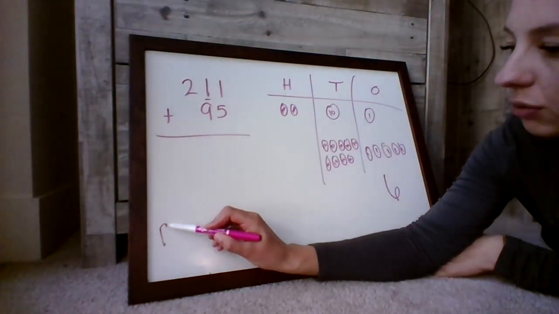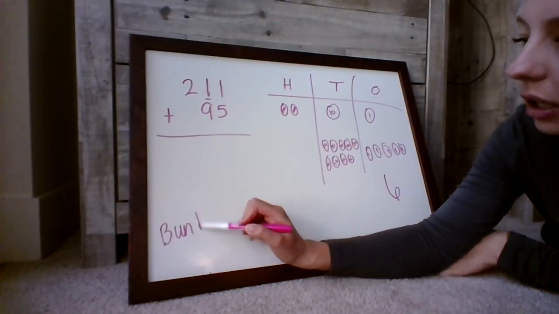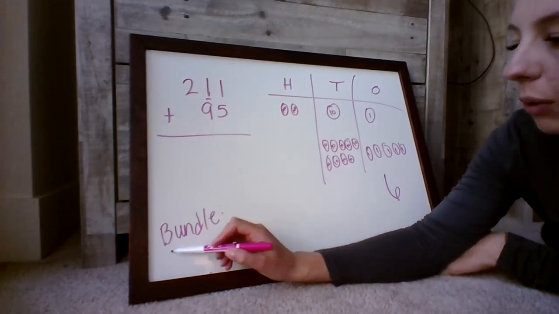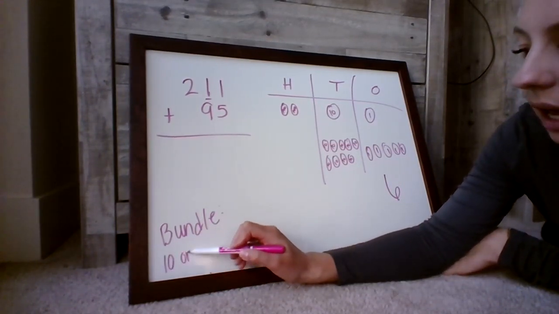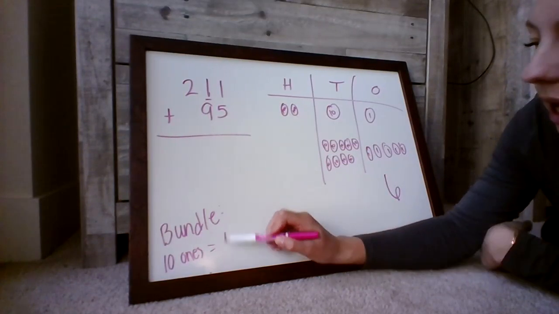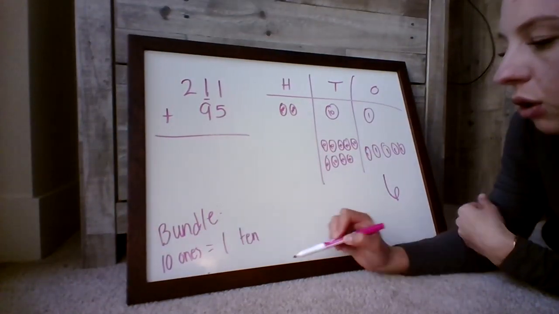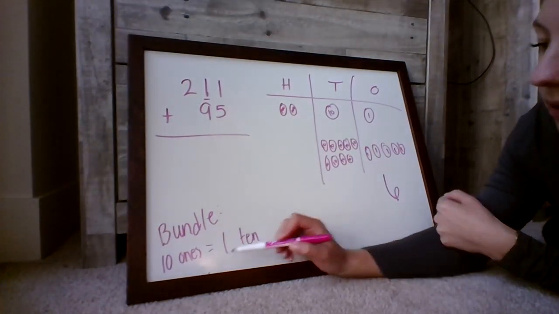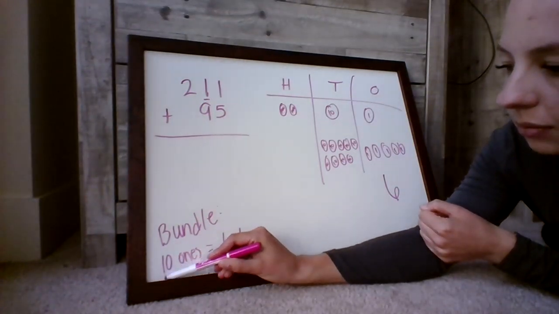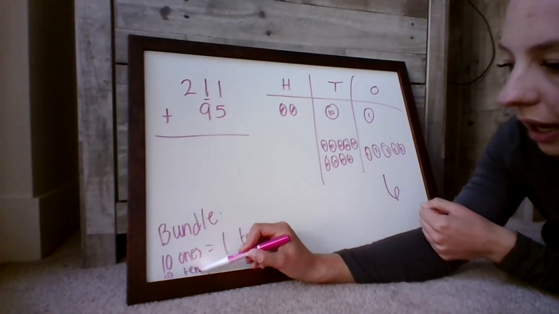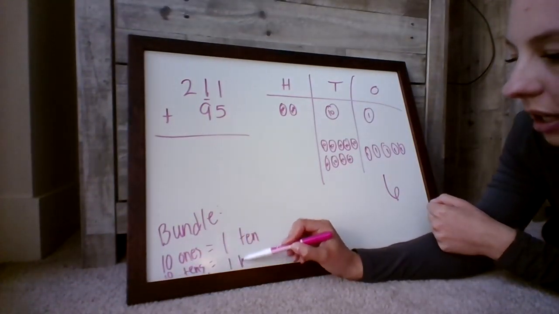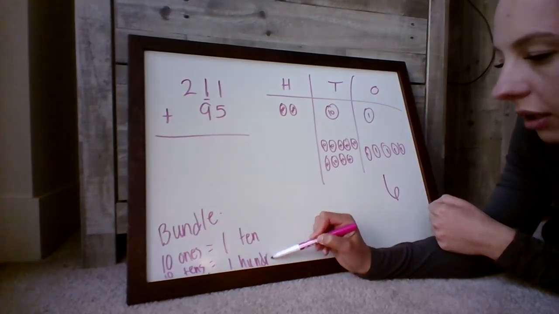Friends, I feel like we should write a little note down here. Bundle when we have 10 ones, because that equals 10, or if we have 10 tens, because 10 tens equals 100.